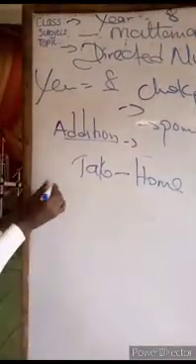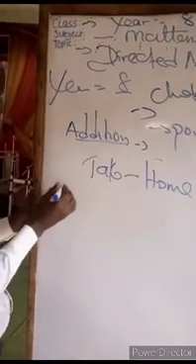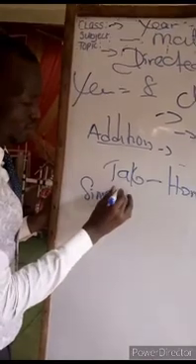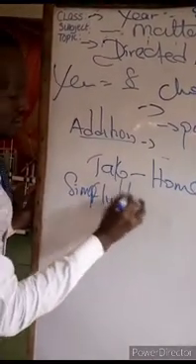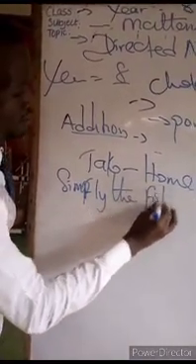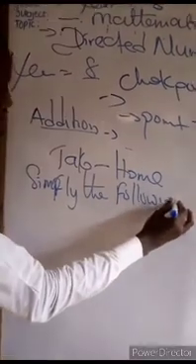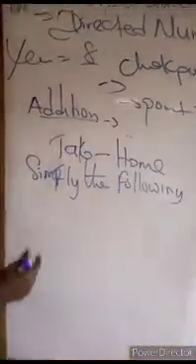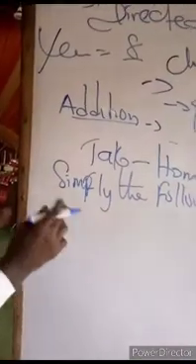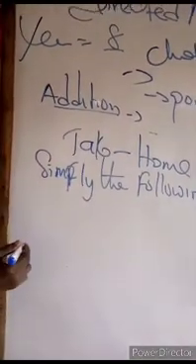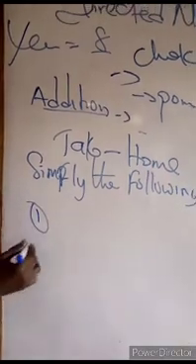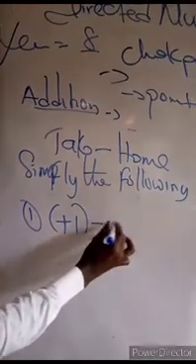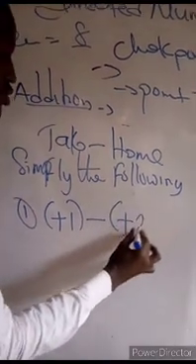The first one says simplify the following. Under simplify the following, number 1, we have bracket plus 1, minus bracket plus 2.